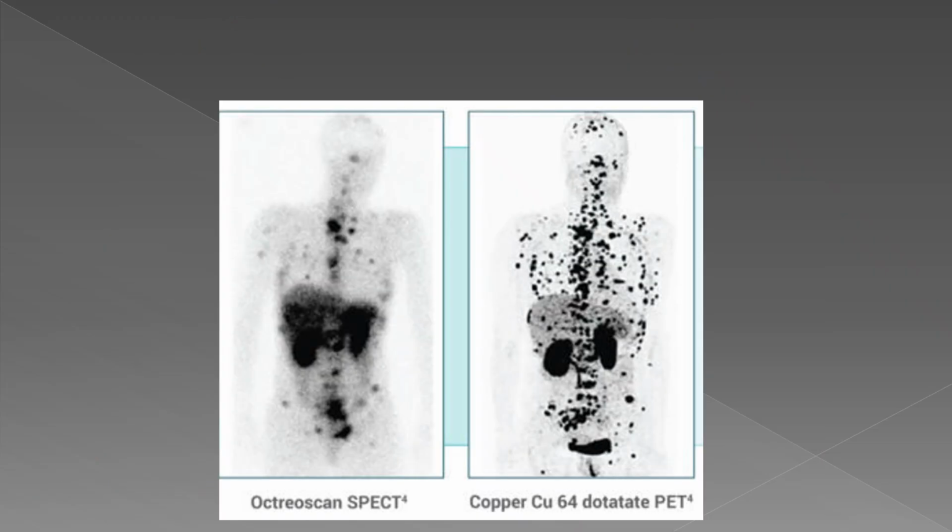And this is the same patient in Octreoscan SPECT. So this is the indium-111 pentetriotide, also called Octreoscan. And then you have the copper-64 DOTA-TATE, also called DetectNet. These are looking for neuroendocrine tumors.